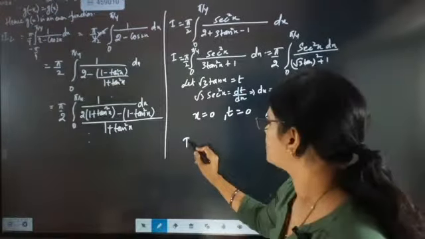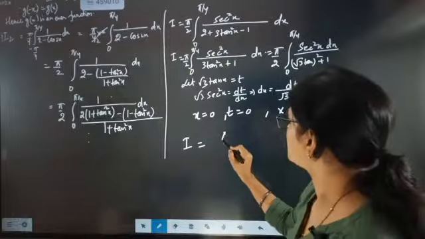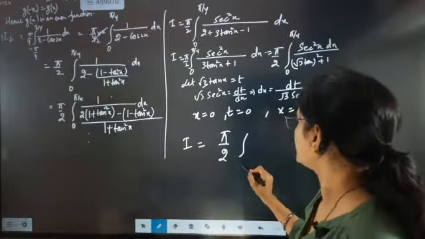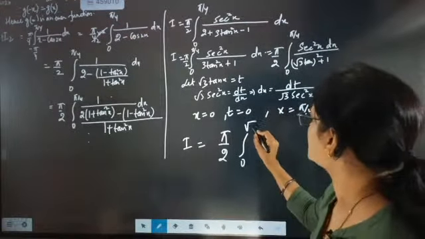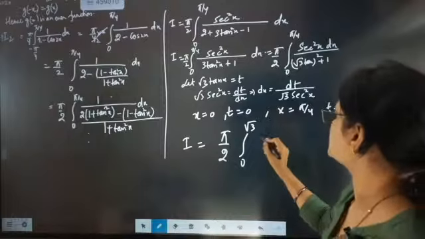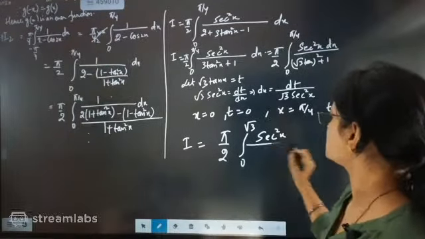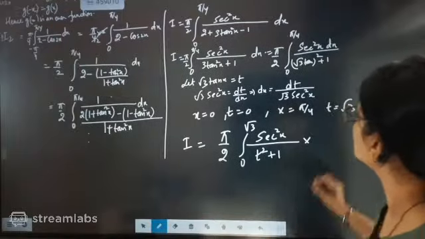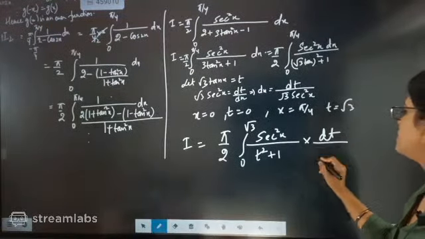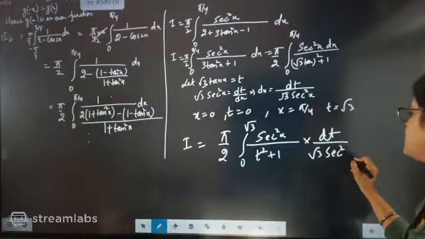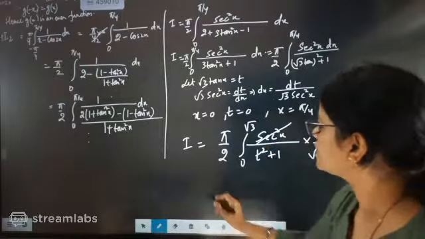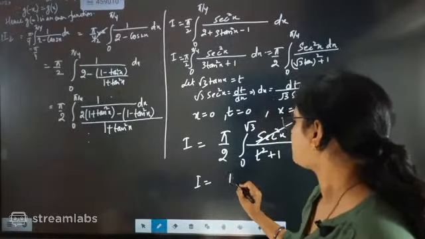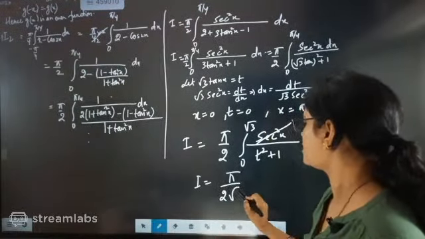So now everything is on our side, because pi by 2 is coming. It is coming as 0 to root 3 secant square x. Now this part is exactly going to become t square plus 1 into dt by root 3 secant square x. Now secant square x cancelled. So I have pi by 2, root 3 out.